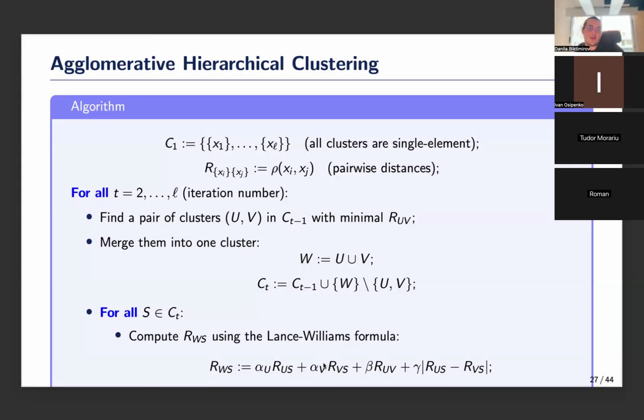So the result of this clustering is usually represented as a tree-like structure called a dendrogram. We're going to talk about it later.